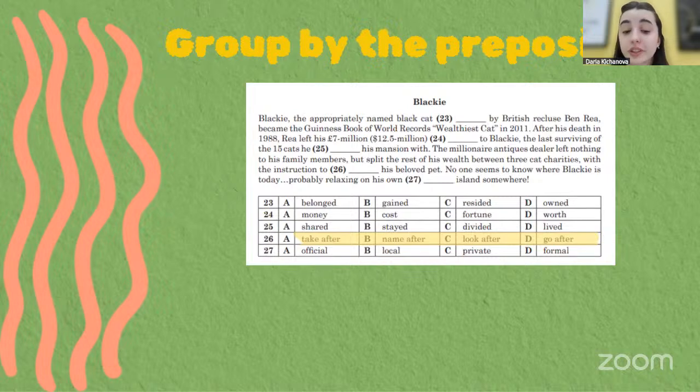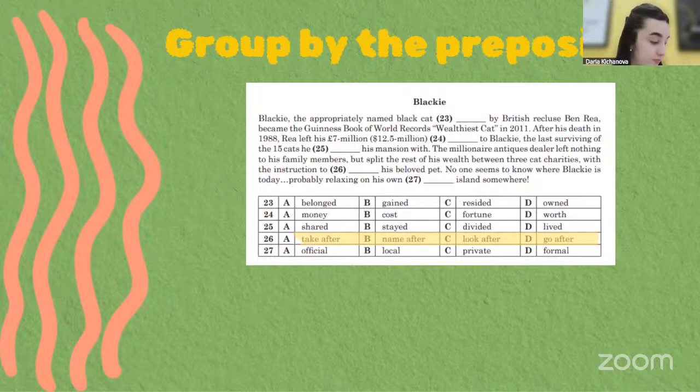So now let's take a look at the task actually and make it correct. Let's choose the correct option here. We had the same cat and a sentence: split the rest of his wealth between three cat charities with the instructions to look after his beloved pet. So, what can we do here?